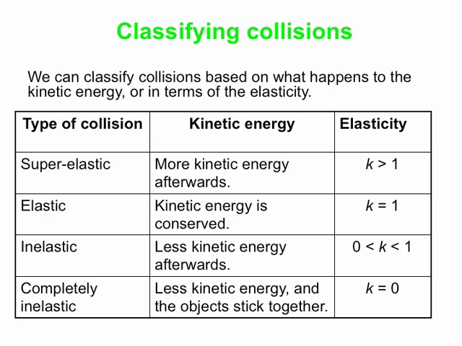When two things collide, some things often get warmer, so kinetic energy can go into thermal energy. Often there's a big noise, so some of the energy goes off in the form of a sound wave. Then we have the special case of a completely inelastic collision, where first of all there is less kinetic energy in the system afterwards than before, and in addition the objects stick together afterwards.